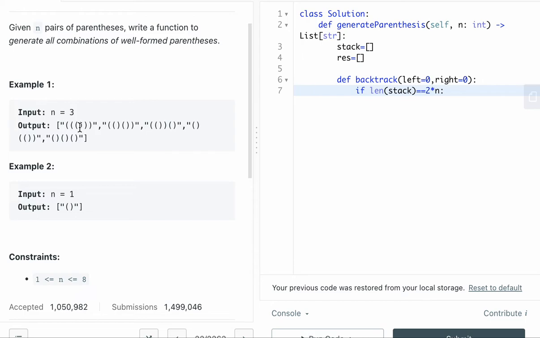If there's 6 of them, we want to append the value. Because when we append the values to the stack, they are strings, they look something like this.